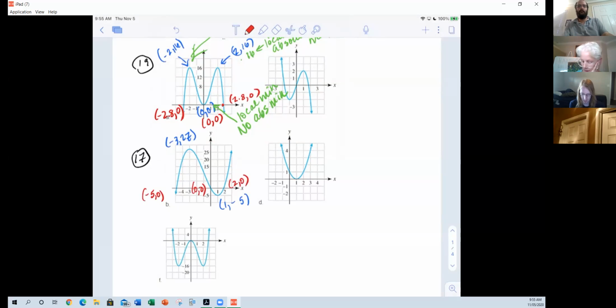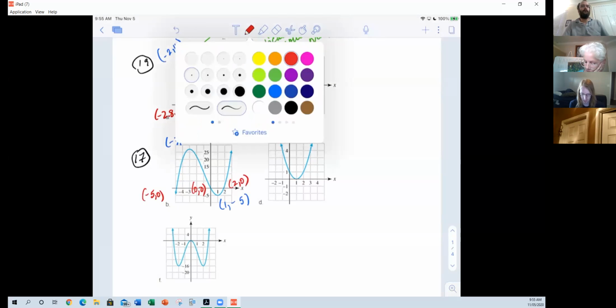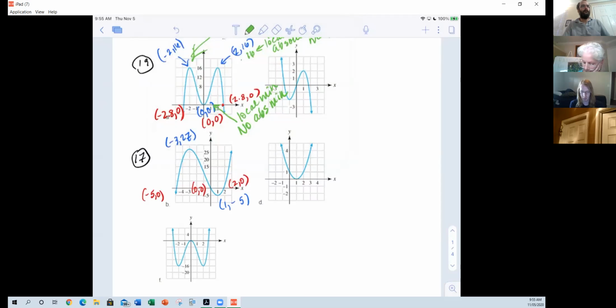The local max is this one. There is no absolute max. And the local min is here. There is no absolute.